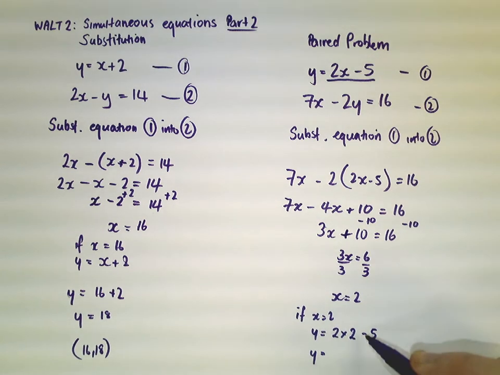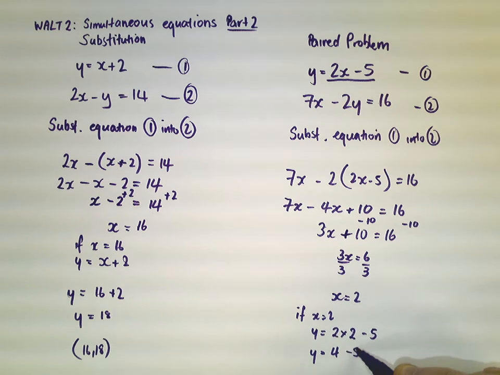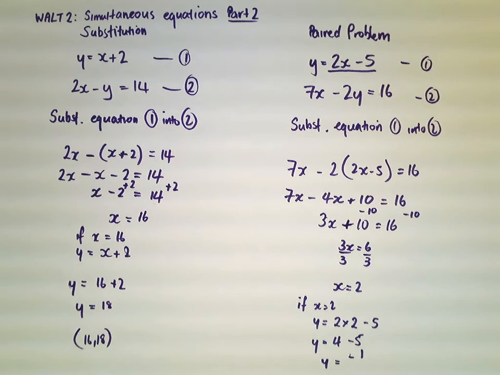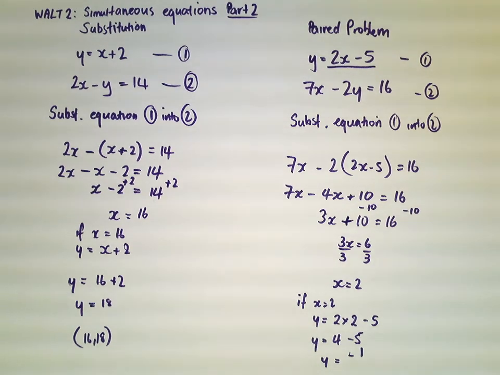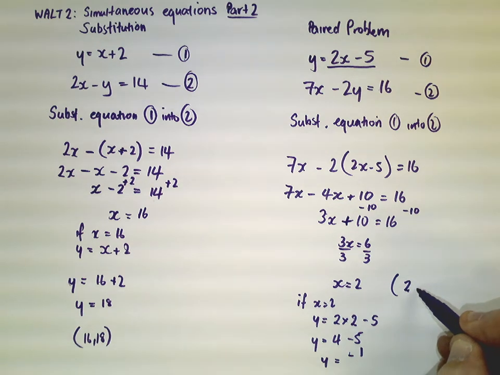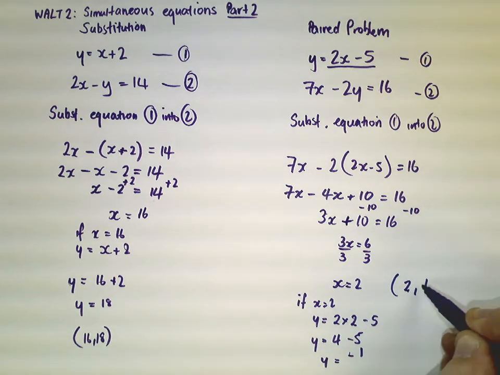So y becomes equal to 4, take 5, which of course means that y, and I just might be able to squeeze it in there, is equal to -1. I'll just move it up a little bit so it's on camera. So now, where did these 2 points meet? Well, they meet at 2, -1.